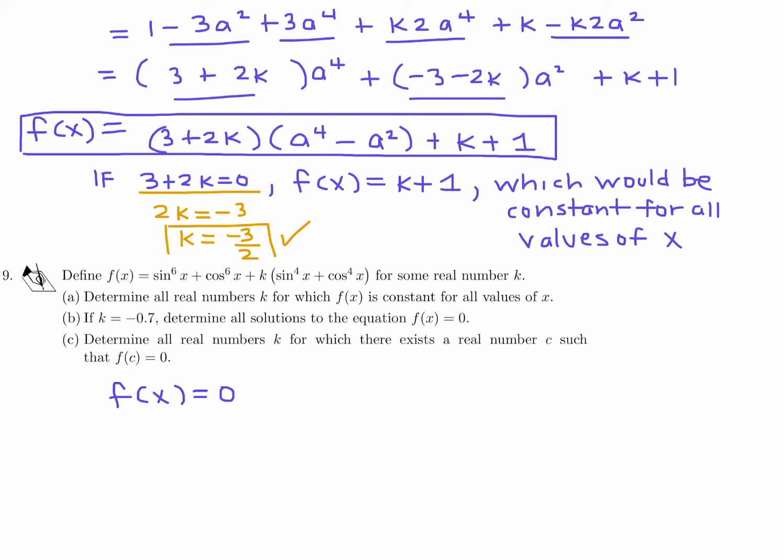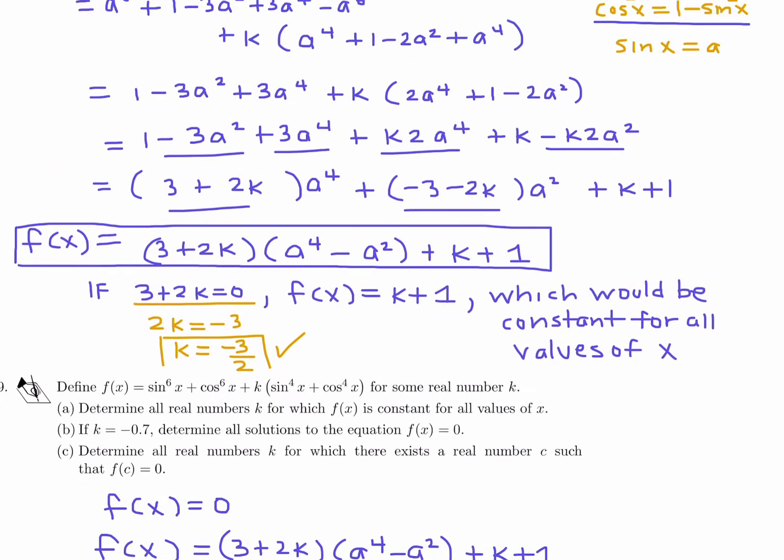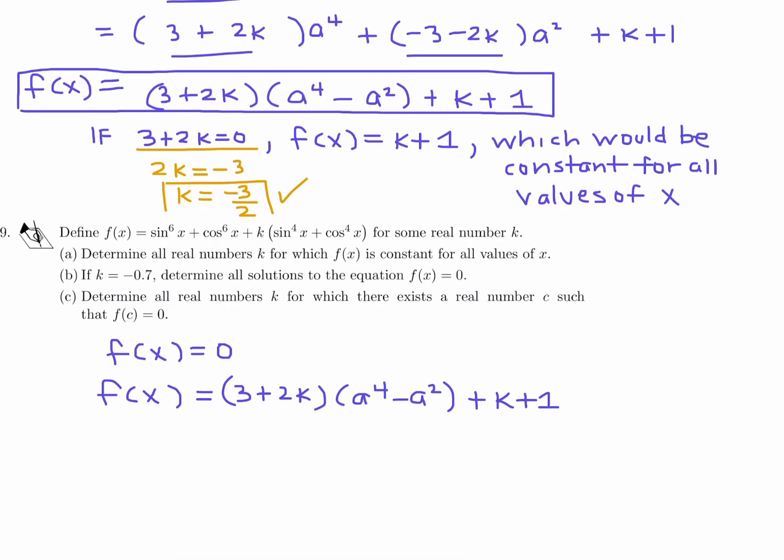We'll just use that same equation. f of x is equal to 3 plus 2k times a to the 4th minus a squared plus k plus 1. And recall that I had let sine of x equal a. Just in case you're wondering, what is a? That's the sine of x.